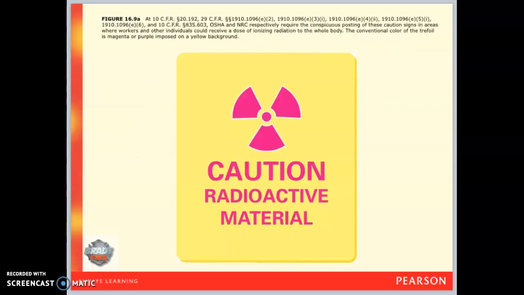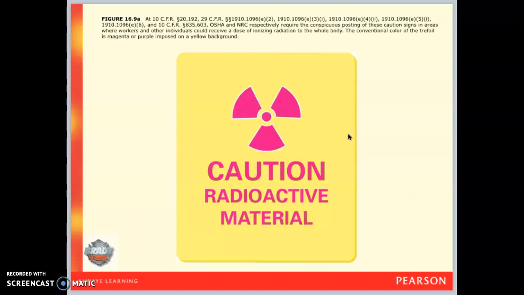But as I mentioned, the signage here is incredibly conspicuous. Bright yellow with magenta. You've got the trefoil symbol here to indicate that it is radioactive. You've got the magenta signage here. Very bright, very easy to see.